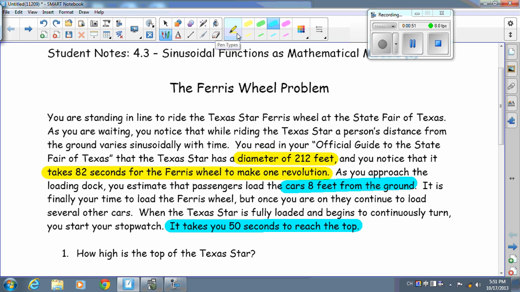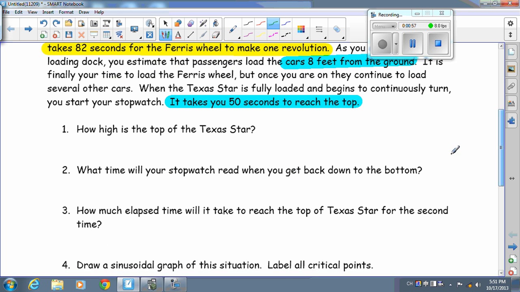The first question is, how high is the top of the Texas Star? In order for me to solve it, I will go ahead and make a quick and simple picture. This is the 8 feet above the ground. The diameter, meaning this whole thing, is apparently 212, and it takes 82 seconds for the Ferris wheel to make one revolution.